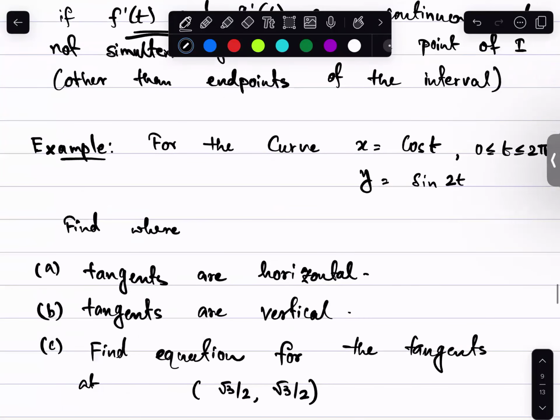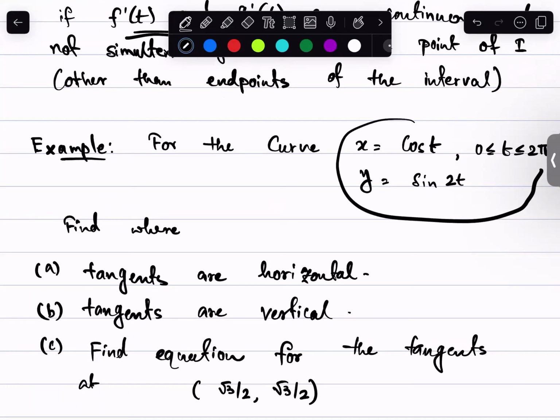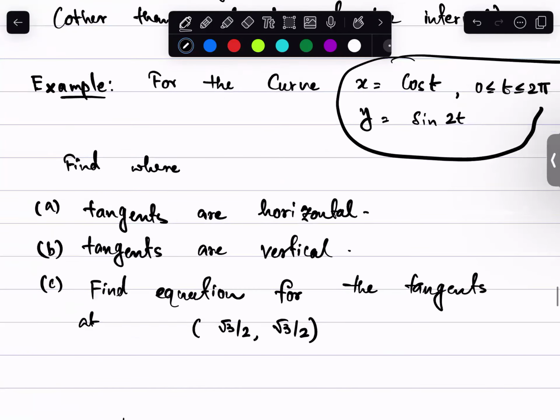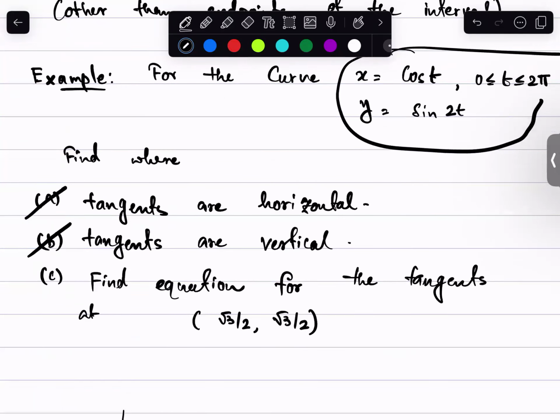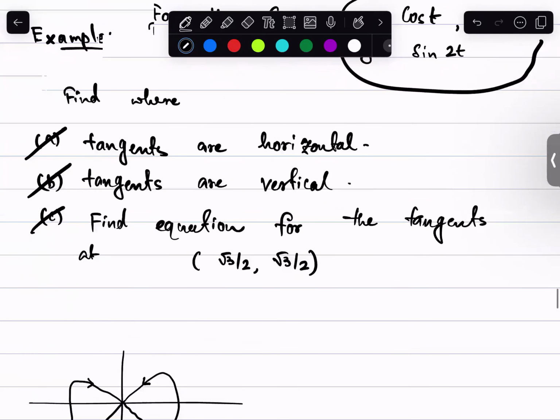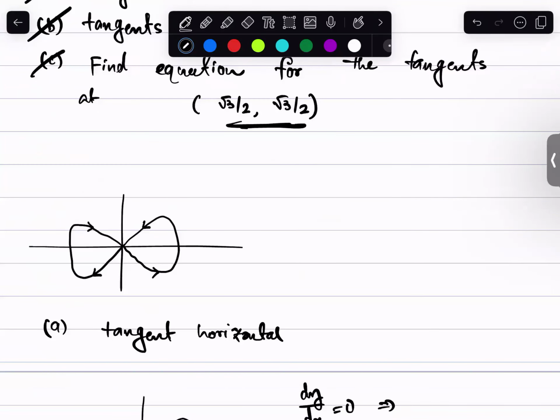Okay, now some examples to understand the concept of differentiability on parametric curves. So for this curve, x equal to cosine t and y equal to sine 2t, t varying from 0 to 2 pi, I have to find where the tangents are horizontal, where the tangents are vertical, and I have to find the equation of the tangent at this particular point. Okay.